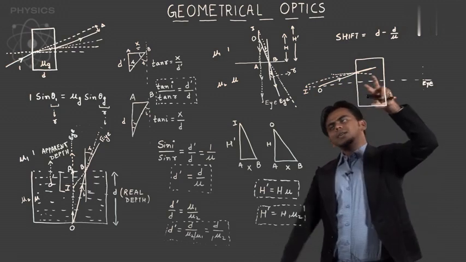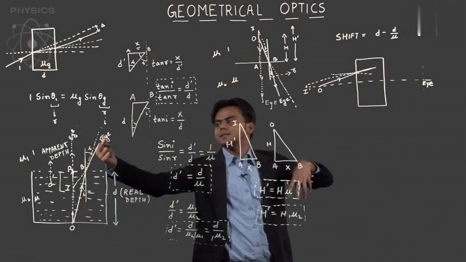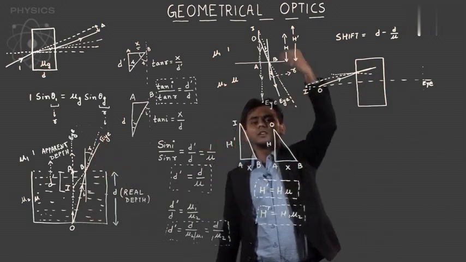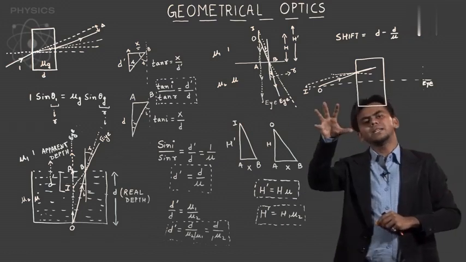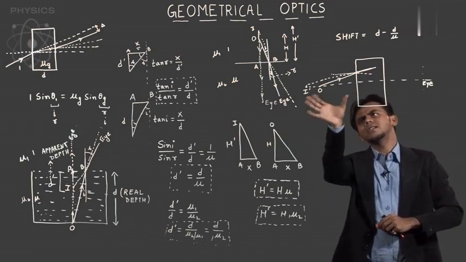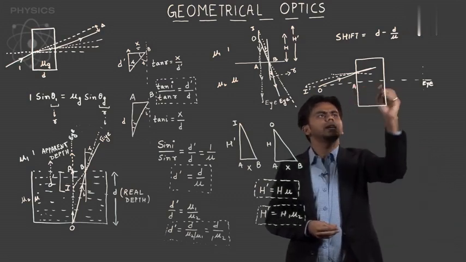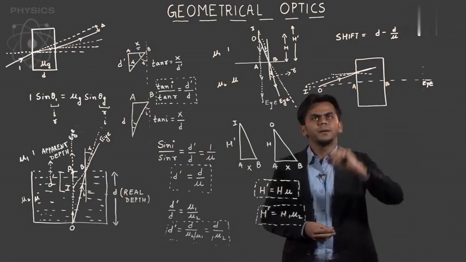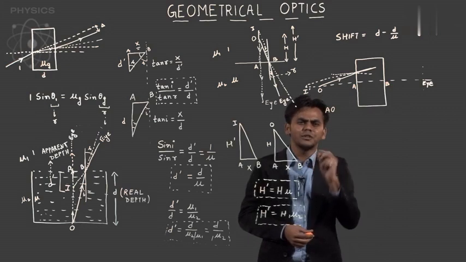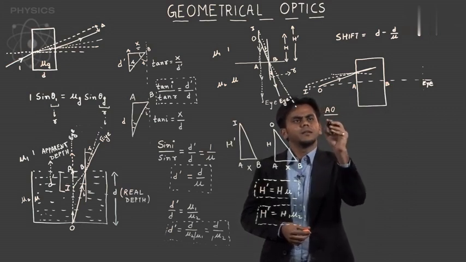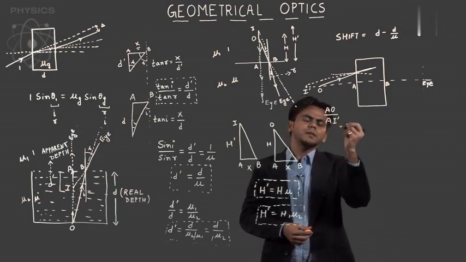Now, in this situation, it was going from this side to this side. In this situation, the other way around. So this can be thought of as the case of apparent height. This was your real height and this is your apparent height. If I label this as A and this as B, my AO is the original or real height and AI prime is the apparent height.